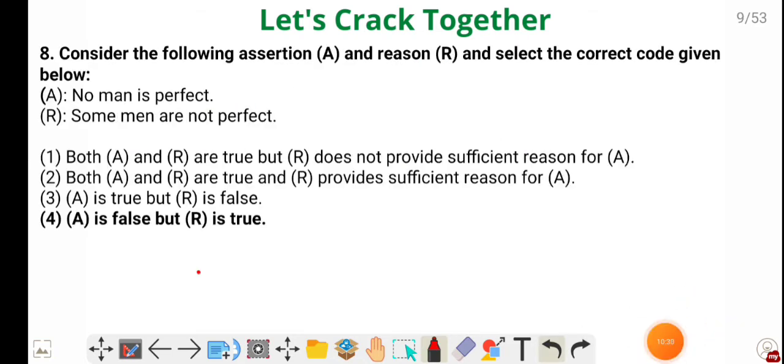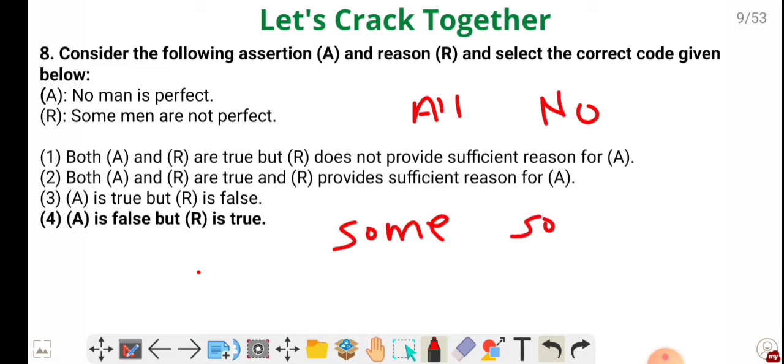Consider the following assertion and reason, and select the correct code given below. This is a question from the square of opposition: all, no, some, and some not. According to the subaltern, this is subaltern. Here the assertion is no man is perfect.